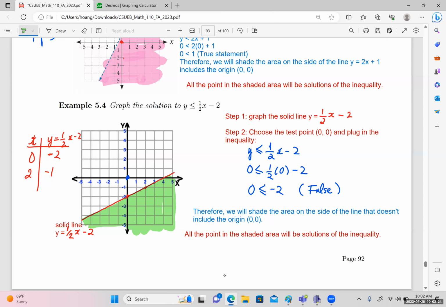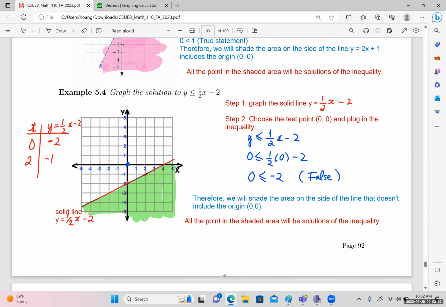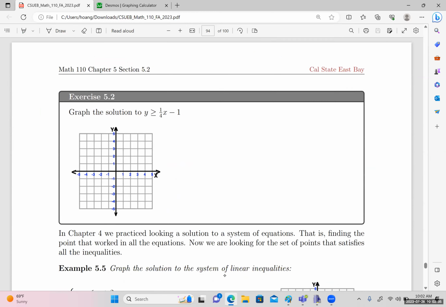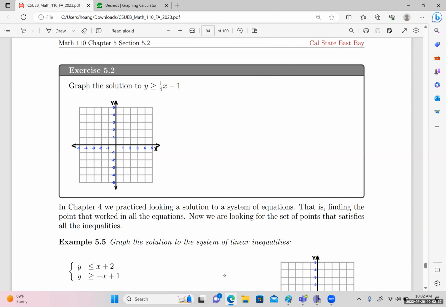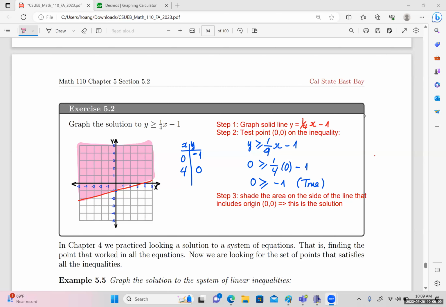Okay. So I would like you to go ahead and practice with the next one in about 2 minutes. Right. We do the same things, and then check with my answer. Okay, so go ahead and check your solution here. You see that I have step 1, graph a solid line here, since it includes equal, right?